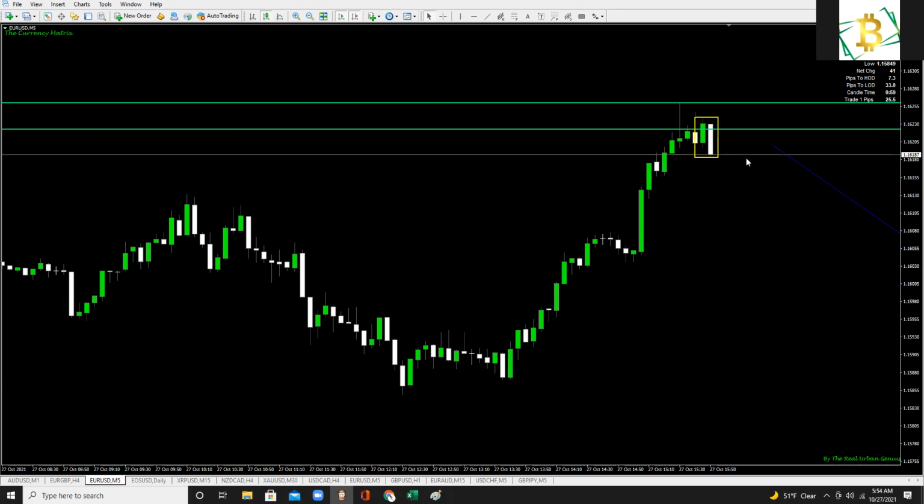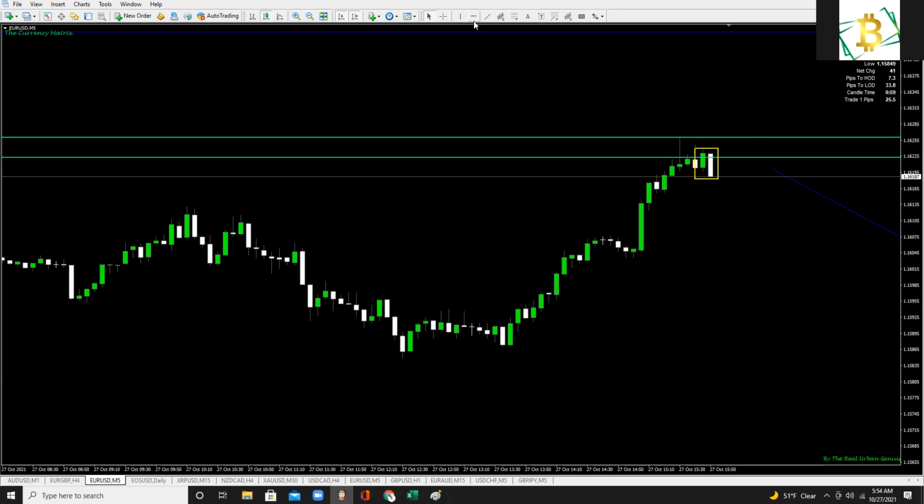Again, bearish engulfing at the peak of a trend. Good. All right. So good sell on that. We can hold this sell for the rest of the week. We can hold each of these positions that we're currently in for the rest of the week.